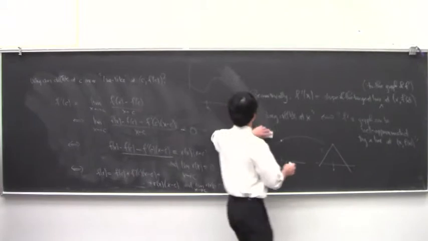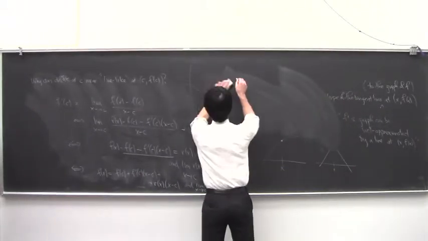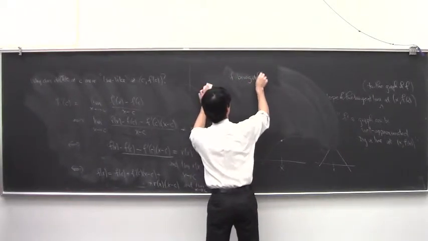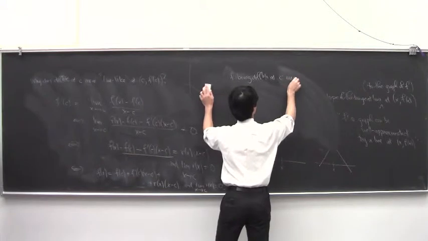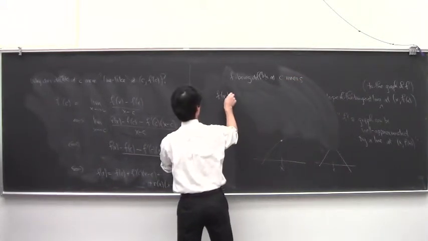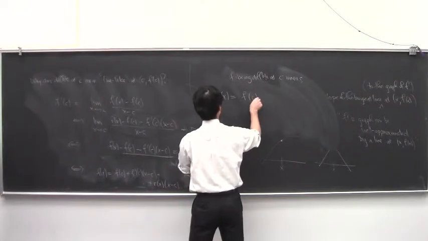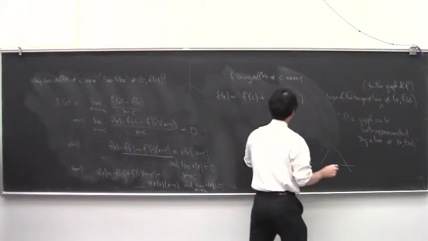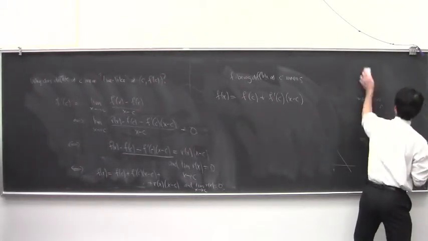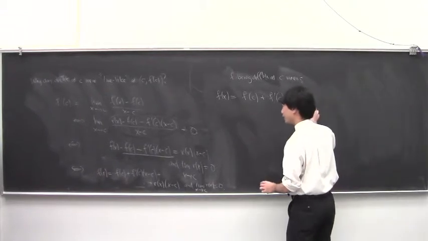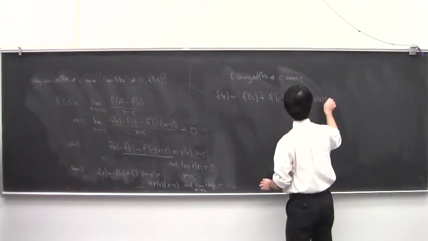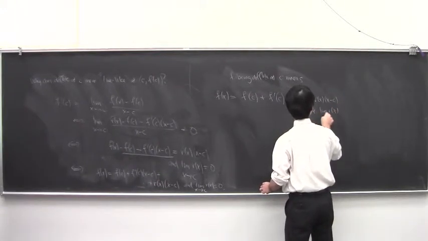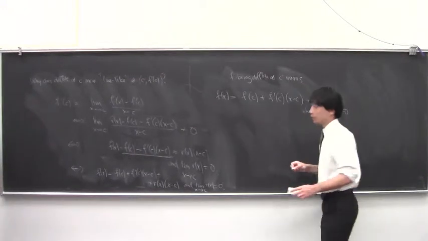Okay, so let me write it up here so you can see it. Right. So f being differentiable at c means f of x equals f of c plus f prime c times x minus c, plus r of x times x minus c, where the limit of r of x as x goes to c is 0.